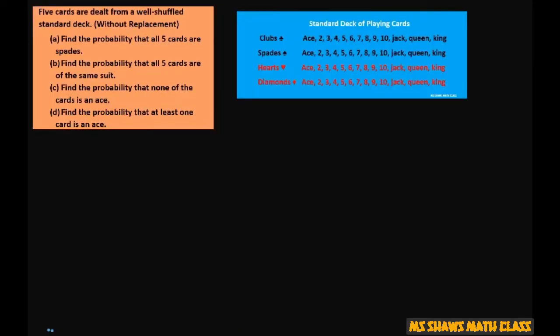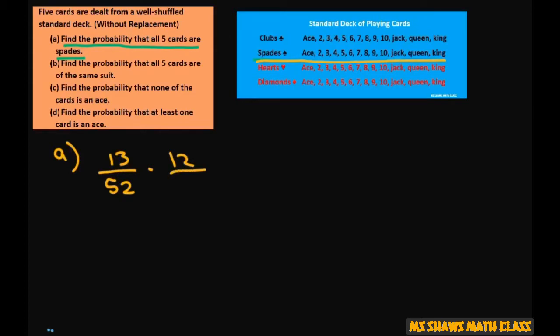So the first one, we're going to find the probability that all 5 cards are spades. We notice with spades, there's 13 cards out of 52, and we're not replacing it. So for A, that's going to be 13 divided by 52 times 12, because you're not replacing it and you only have 51 cards.